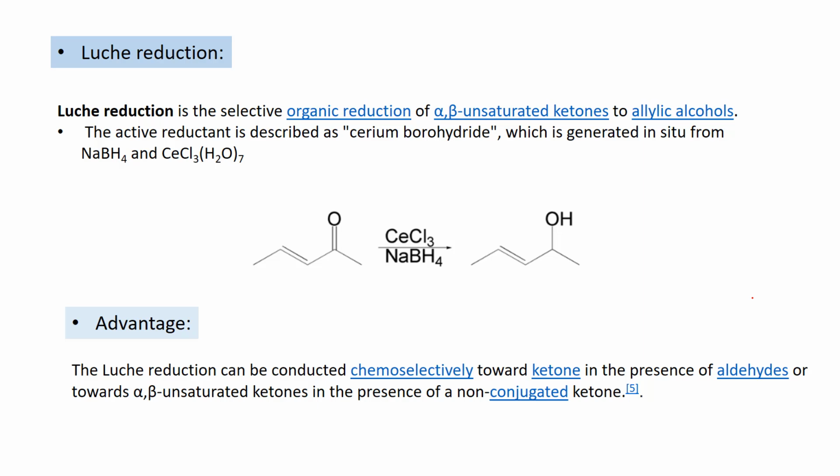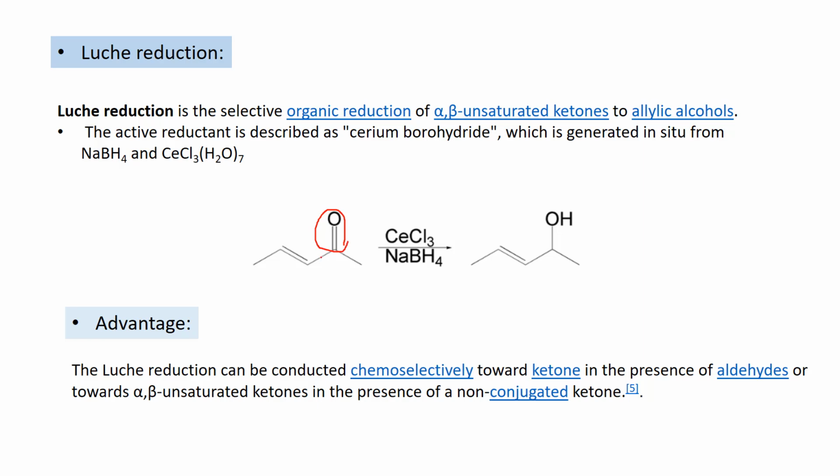The reactive reductant is described as sodium cerium borohydride, which is generated in situ from cerium chloride and NaBH4. So you can see if you are taking an alpha-beta unsaturated ketone in the presence of this reagent, the carbonyl gets reduced selectively.